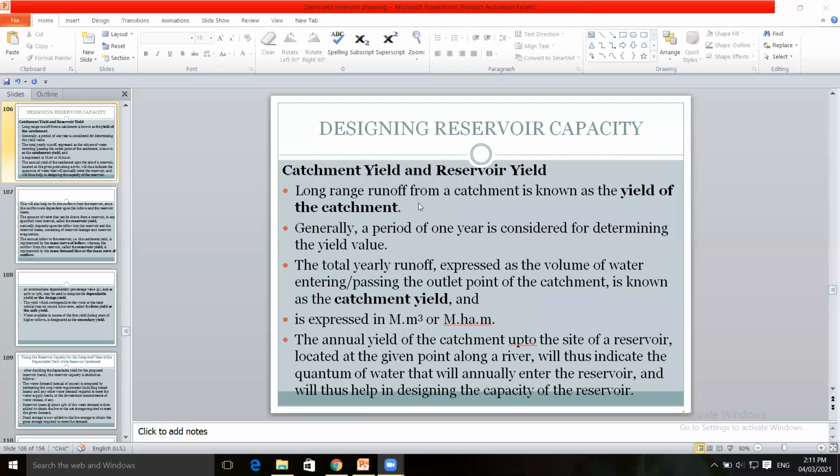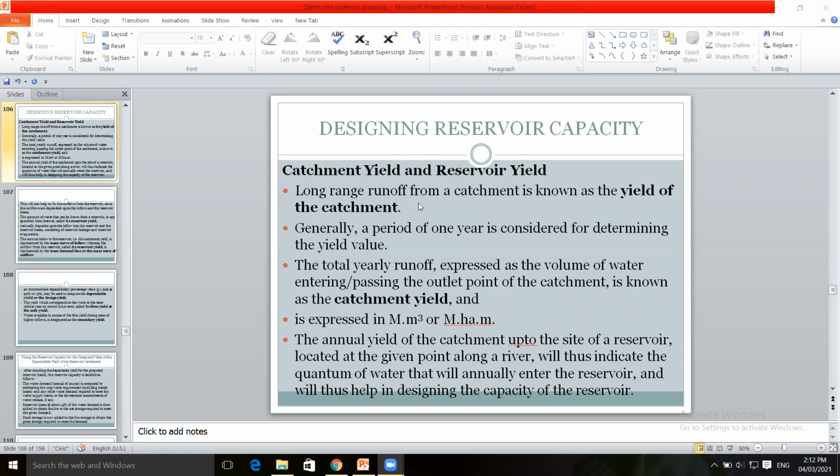The long range runoff from a catchment is known as the yield of the catchment, the total yield, or the quantity of water which is present in the catchment area, which is available in the catchment area, that is the yield of the catchment.